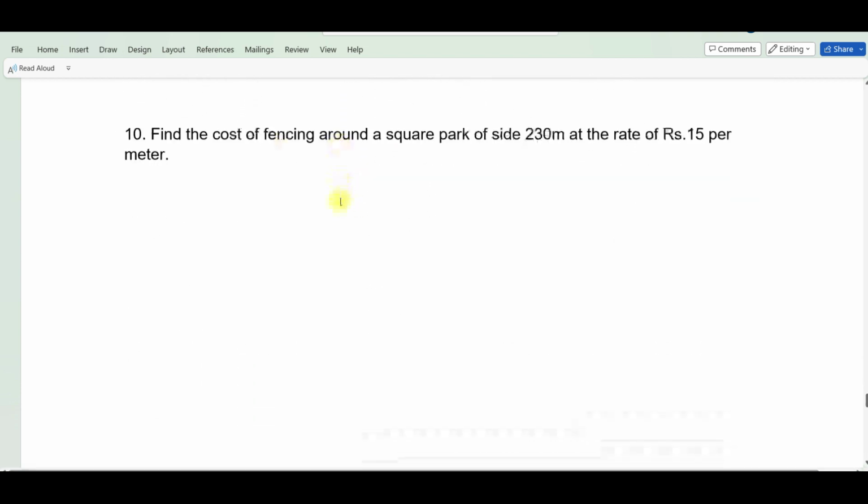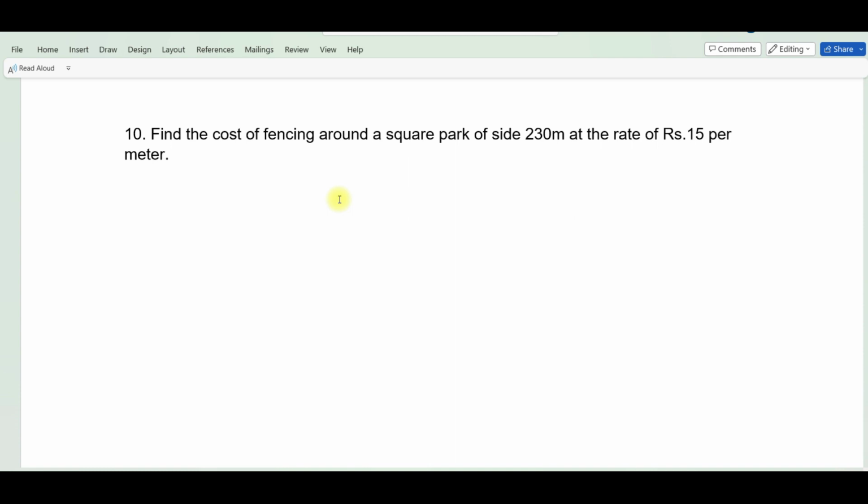And moving to the 10th question: find the cost of fencing around a square park of side 230 meters at a rate of 15 per meter. Here they have given you the side, so you'll have to find the perimeter of a square.